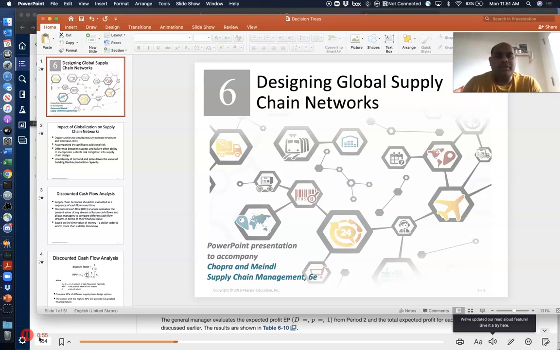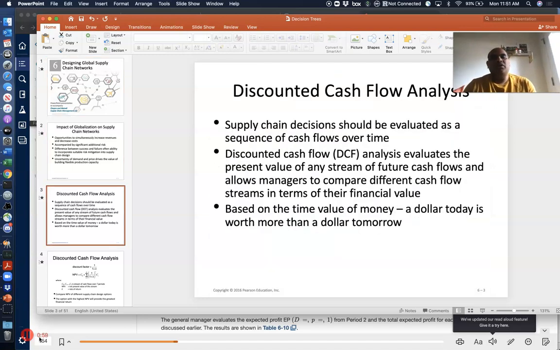Now, before we actually get into the decision tree methodology, we have to talk about discounted cash flows, because many decisions that we'll be talking about will be made over a long period of time. It could be a year, 2 years, 3 years, maybe even longer.